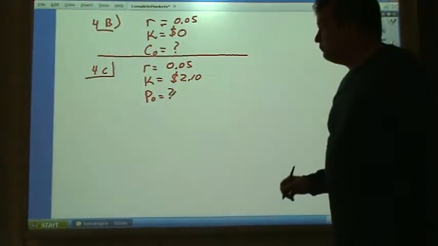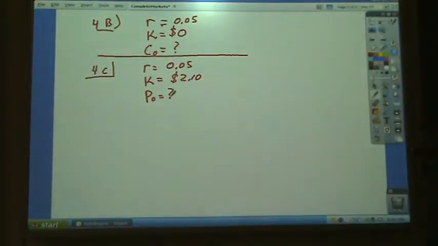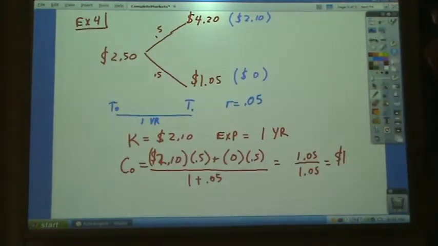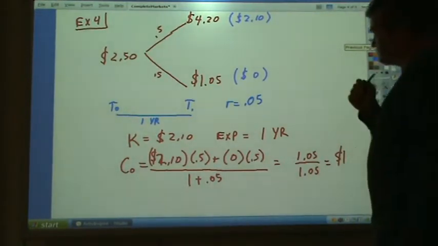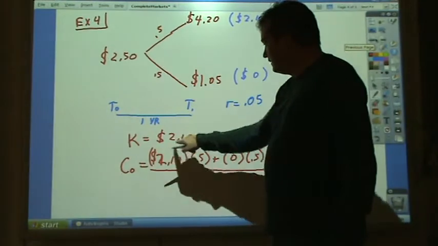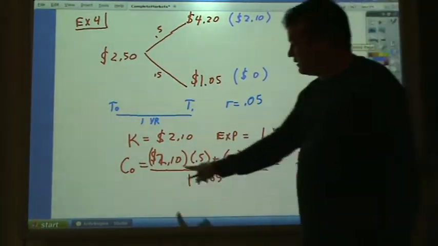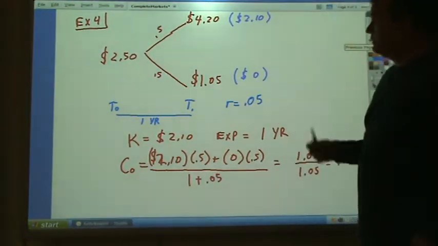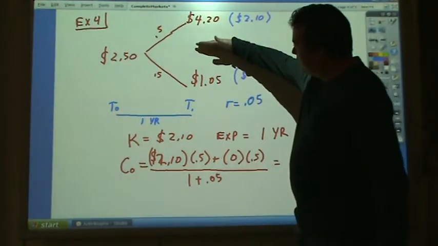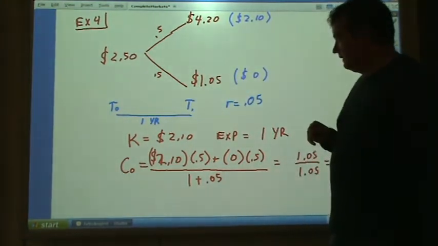What would the price of a put be? So the strike is 210, kind of like what we had before, except it's not a call, it's now a put. So what does a put mean? We get $1 for everything below 210.